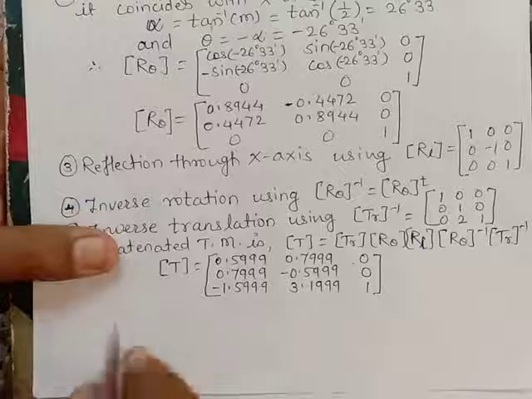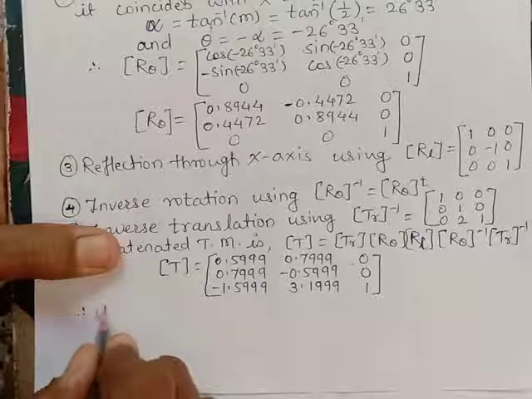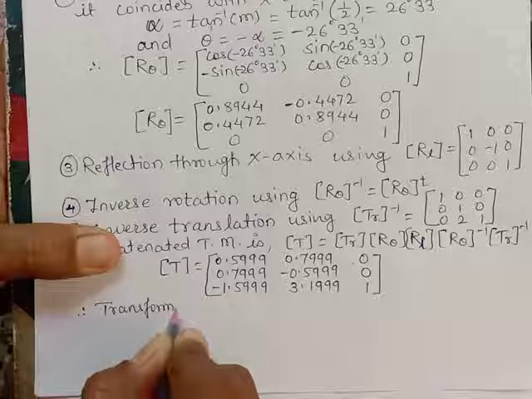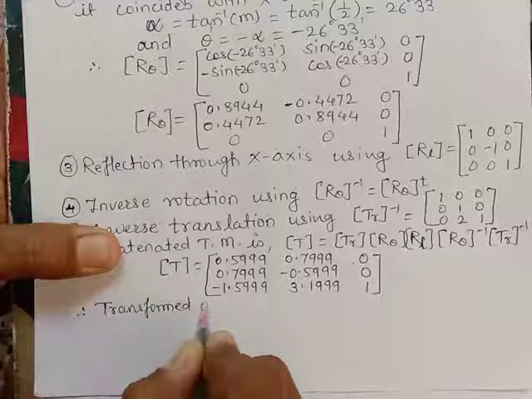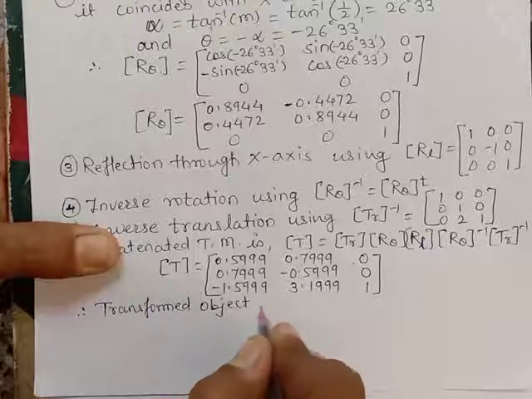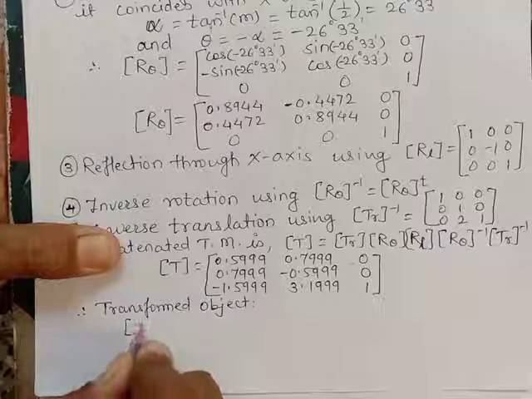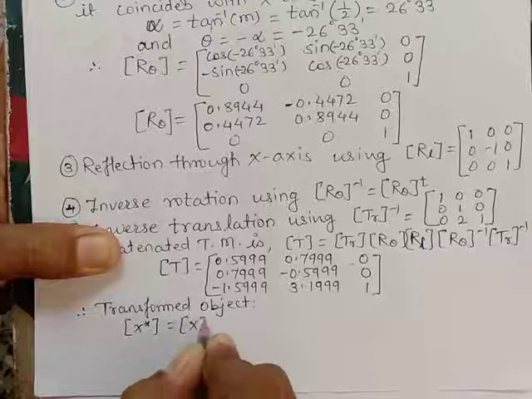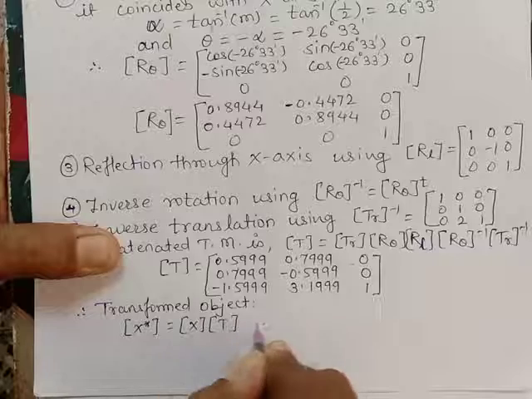Therefore the transformed object X star is X into T. What is X here?